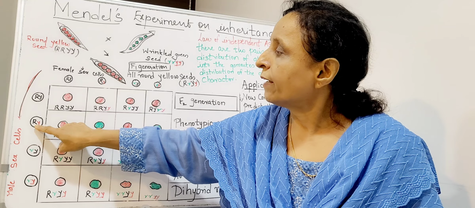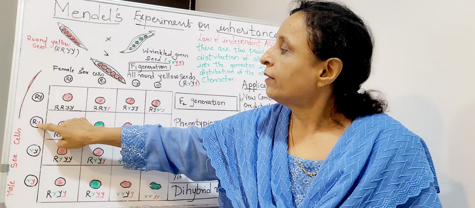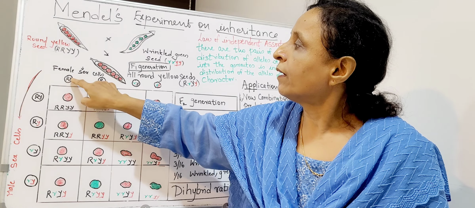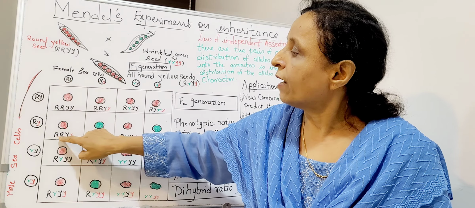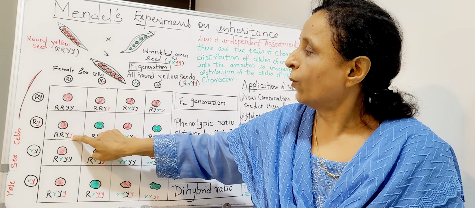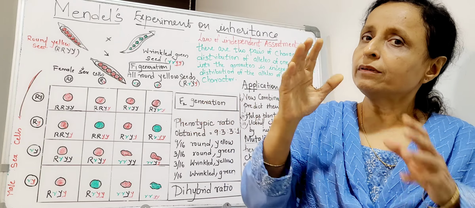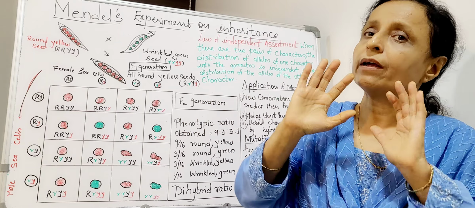Now let's see how the second row combination takes place. Capital R, small y with capital R, capital Y gives R, R, Y, small y. Here again capital R and capital Y are present, so it is going to be round and yellow.